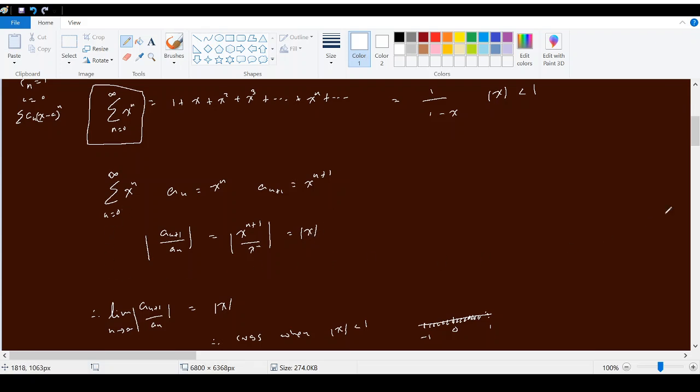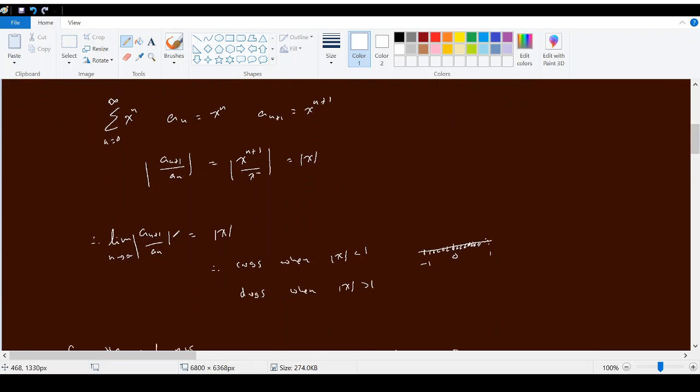So from the ratio test, we can say that this series will converge when the limit, that is when the modulus of x is less than 1.